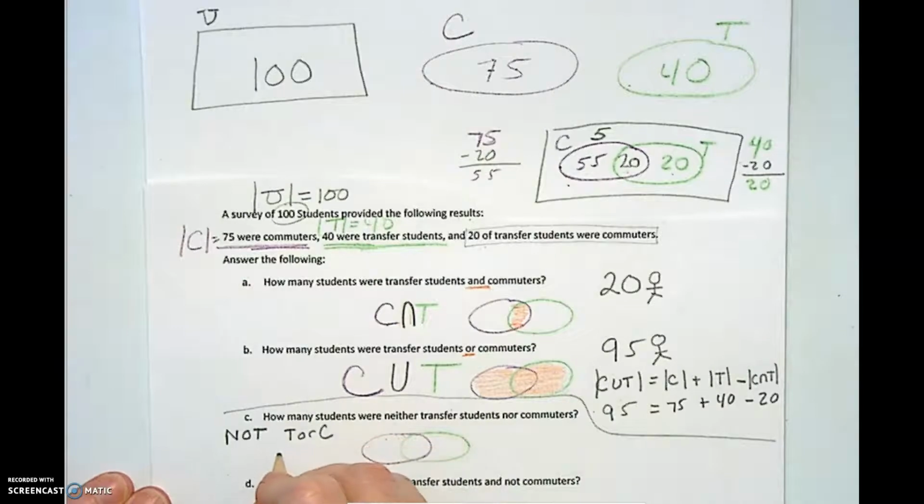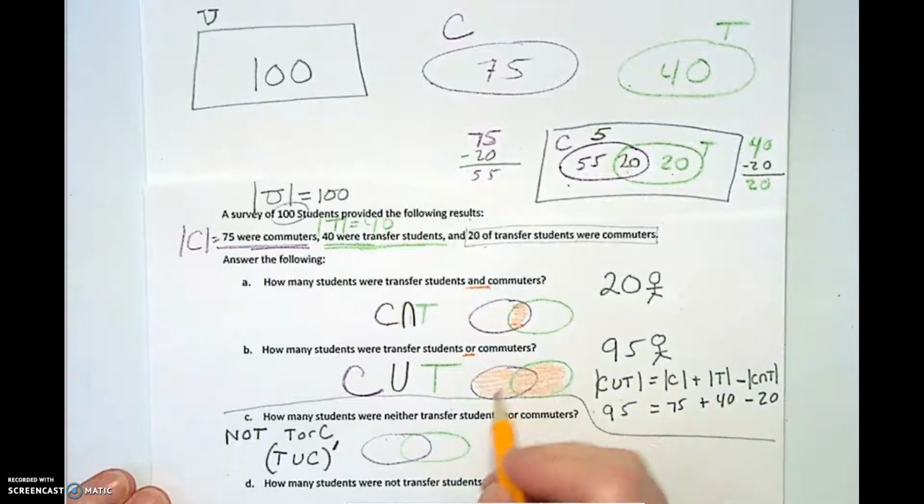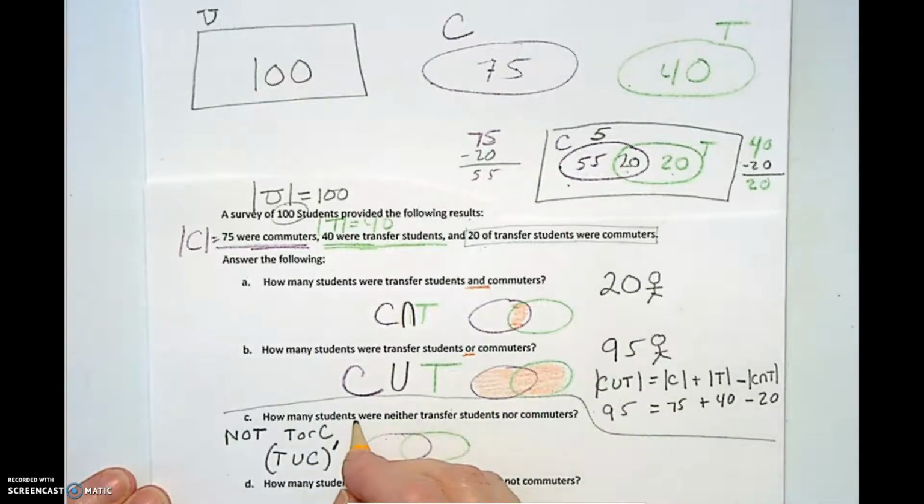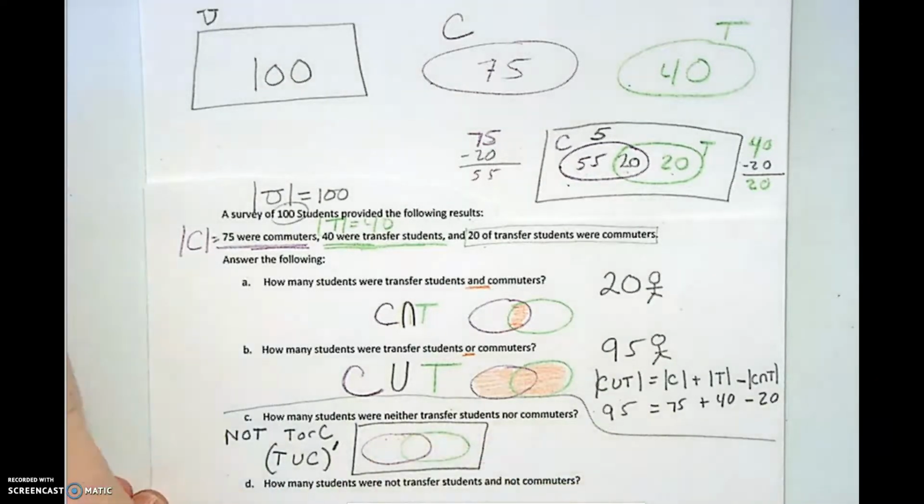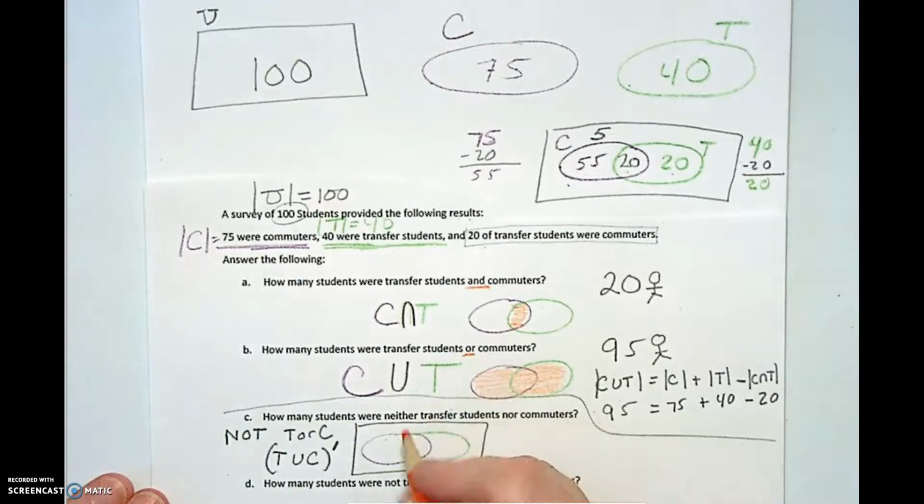Another way to write that is T or, as in union, C, not. So the opposite of transfer or commuter. So here's our transfer or commuter, which is the same thing as commuter or transfer, but we need not that. And if you watched, I think it was the first video early on in the semester, the way that I do that is I take the thing, the or, and to do not that, I make a sunshine out of it.